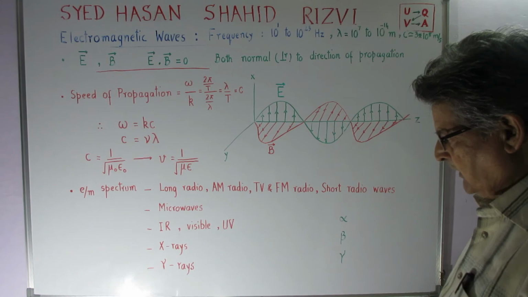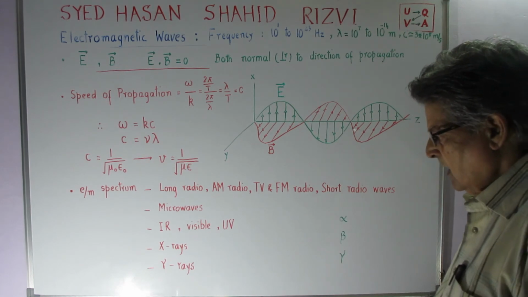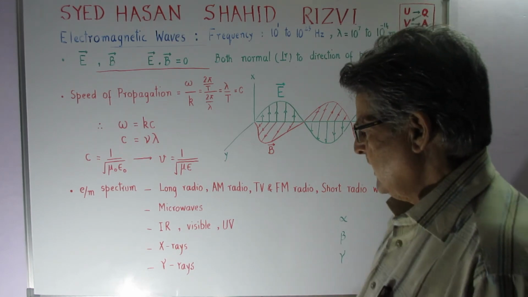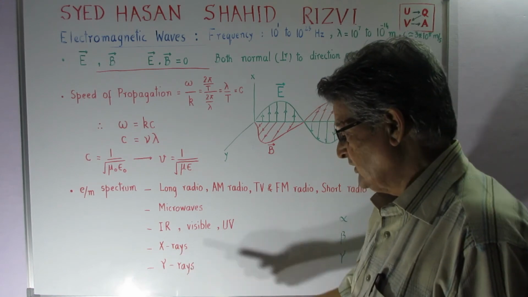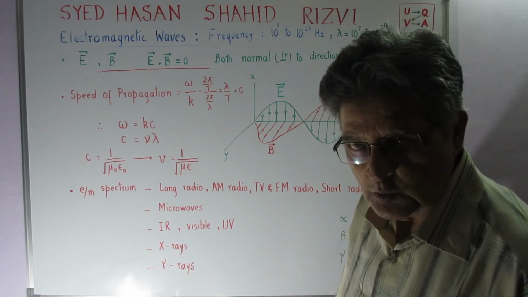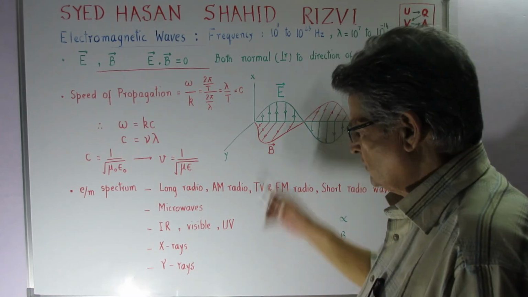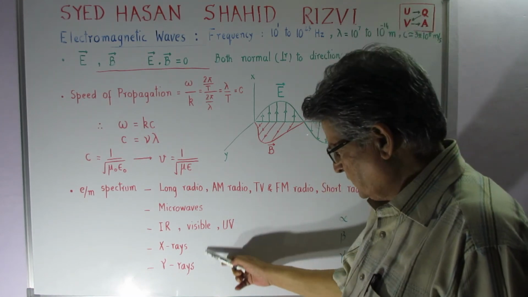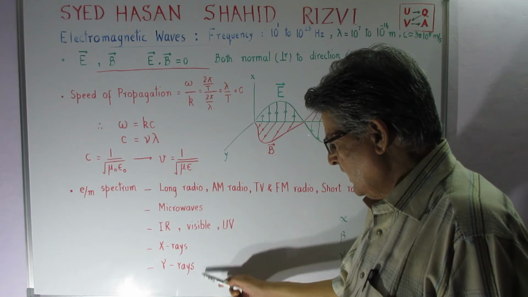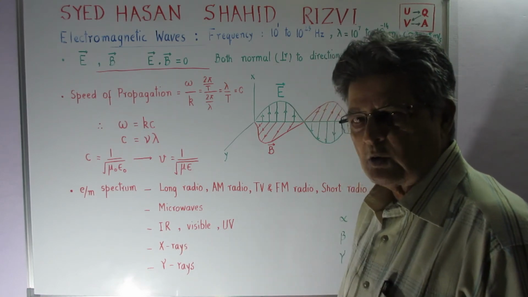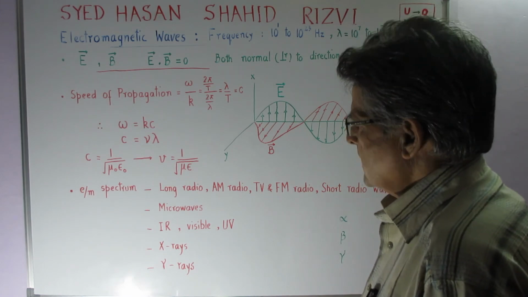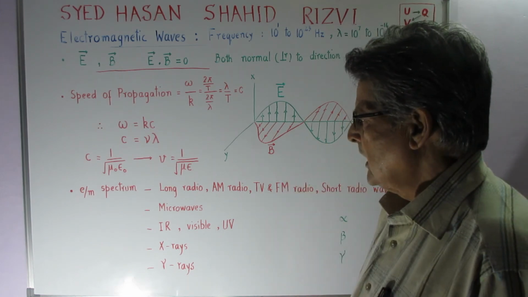So these gamma rays have a very high energy associated with them. As you know, the energy is also equal to h nu, we'll talk about that later on. But sometimes the hard X-rays and soft gamma rays overlap each other. I'm leaving you here.